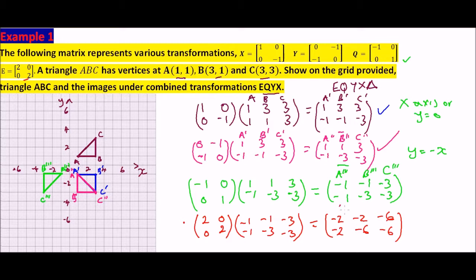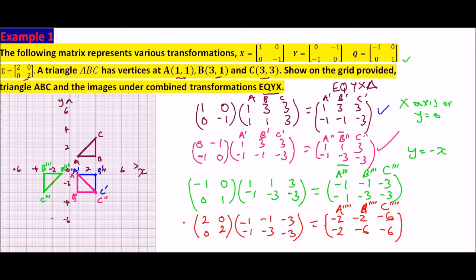This is our final image, which we can write like that. This is my B, and this is our C. So we identify these points. Point minus 2, minus 2, this is where we have minus 2, somewhere there. Minus 2, minus 6, minus 6 is there.